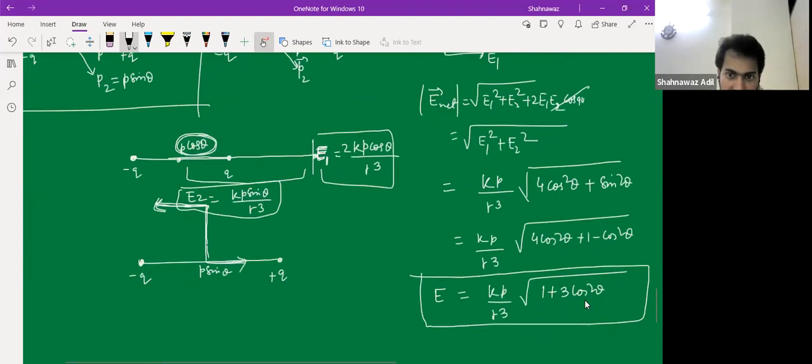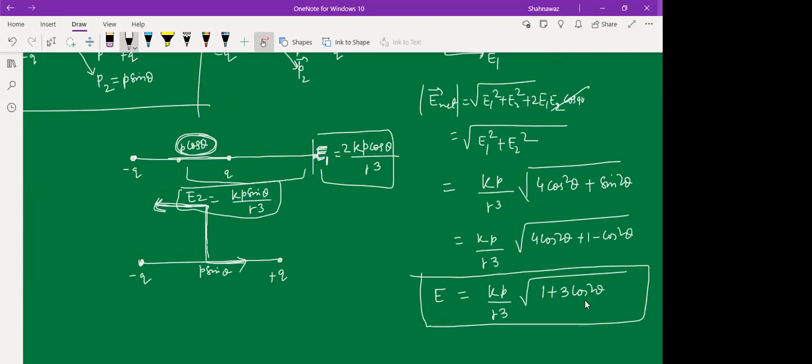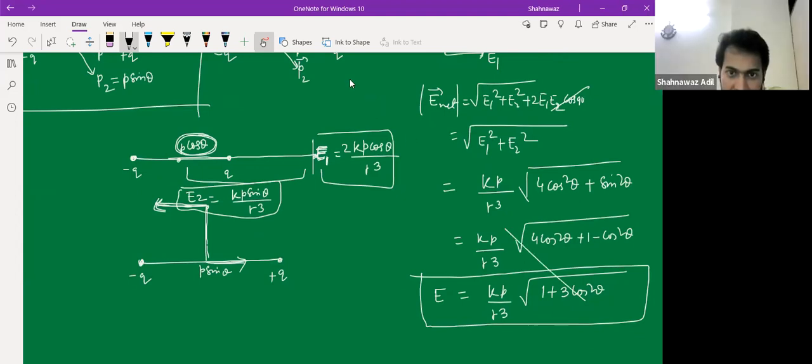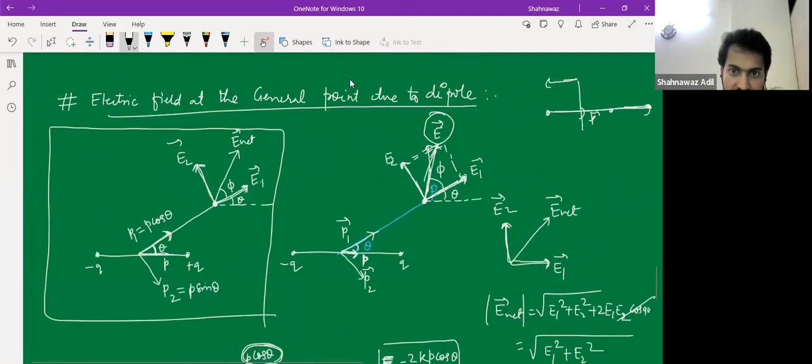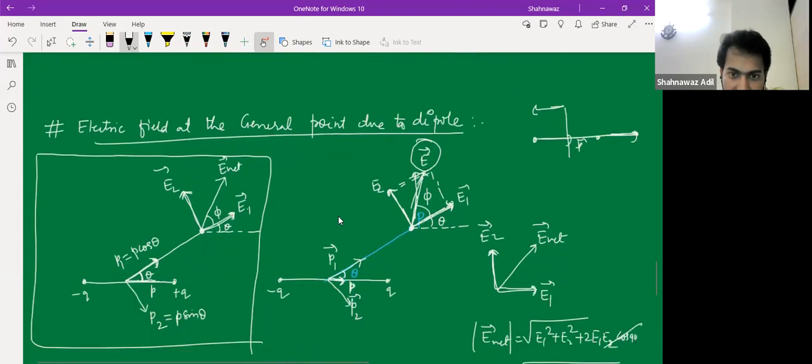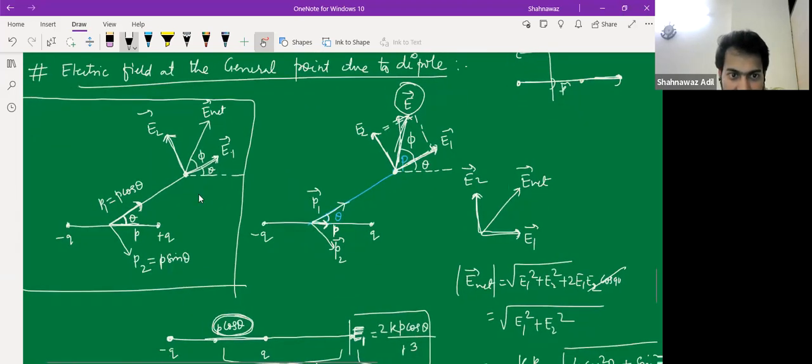Understood? Any doubt, Faiza and Chavez? No, sir. Okay, please note it down. Just this diagram is the important part. When you can draw this diagram, then finding the answer will be simple. Faiza, did you understand?